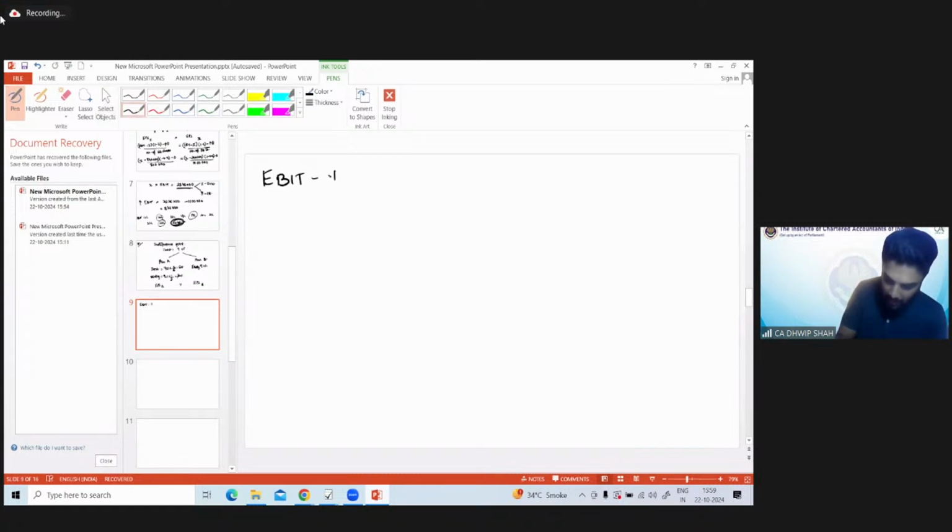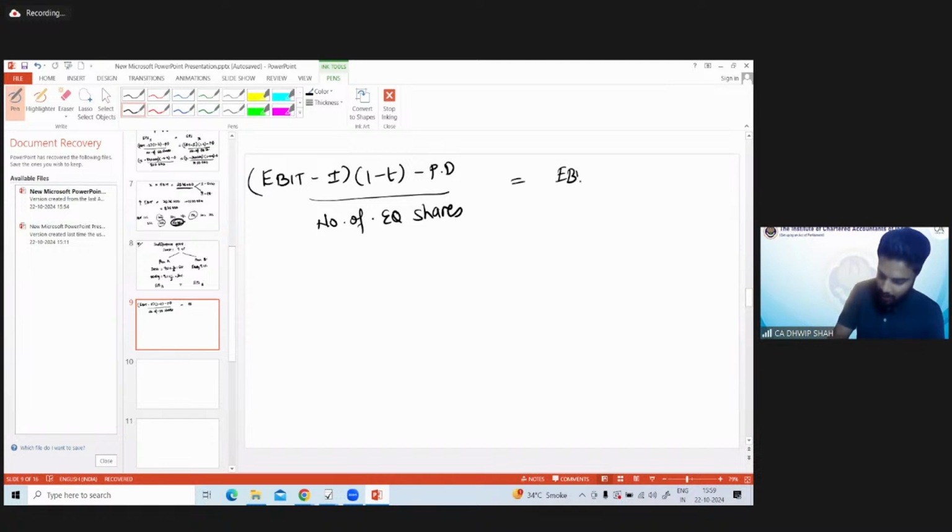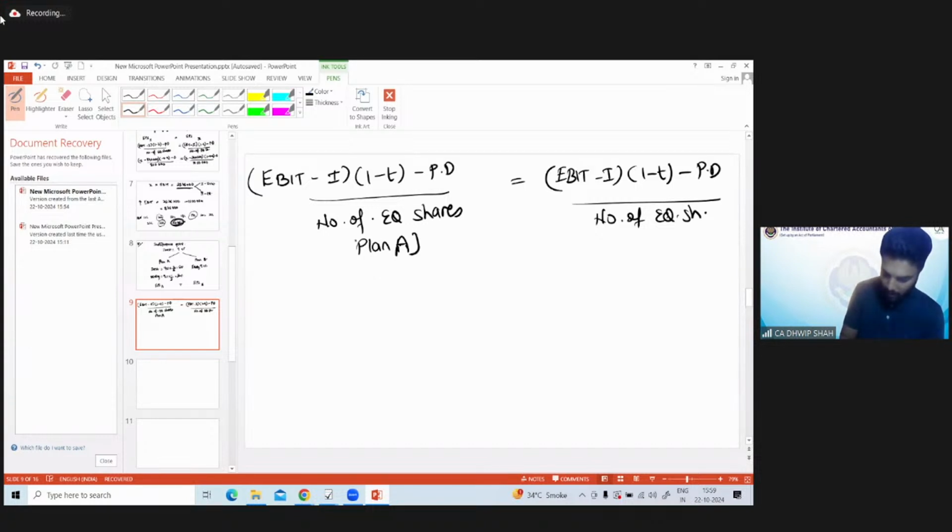It is nothing but EBIT minus interest, times 1 minus T, less preference dividend, divided by the number of equity shares. This is for plan A, equal to EBIT minus interest, times 1 minus T, less preference dividend, divided by the number of equity shares in plan B. This is for plan A, and this is for plan B.